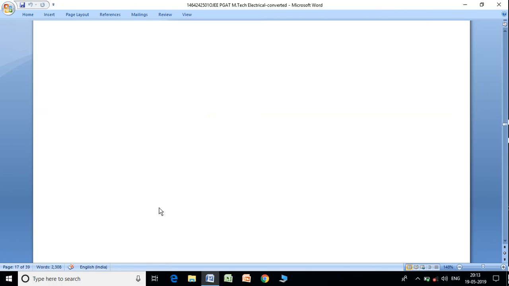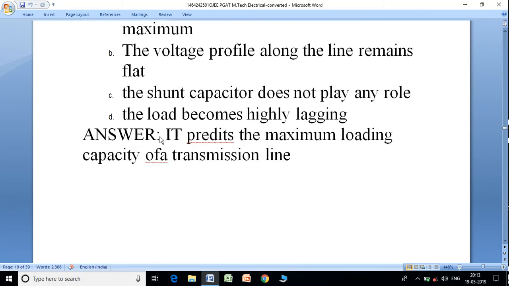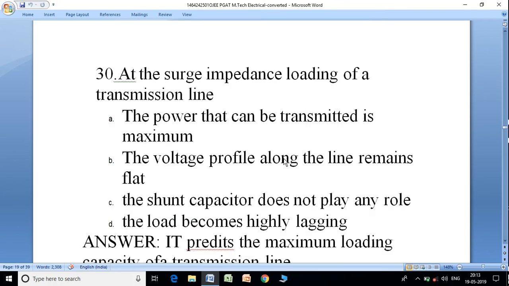Next question, at the surge impedance loading of a transmission line, the power that can be transmitted is maximum, the voltage profile of the line remains fixed, capacitor does not play any role, or the load becomes highly lagging. So the correct answer is that it predicts the maximum loading capacity of a transmission line. Therefore, answer A is the correct answer. The power that can be transmitted is maximum.